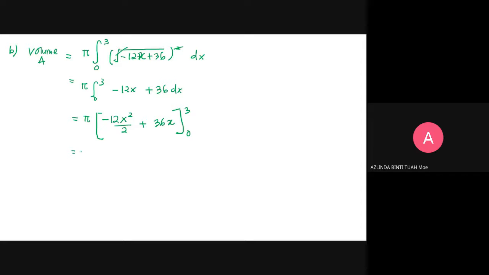Then just substitute both limits 0 and 3. Show clearly, you can simplify first: negative 6 times 3 squared plus 36 times 3, minus, negative 6 times 0 plus 36 times 0. Please calculate and find the answer.